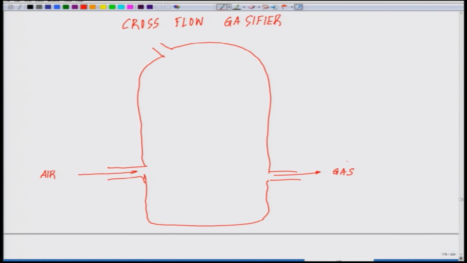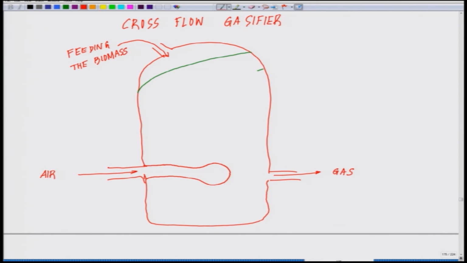And this is the feeder from where you are feeding the biomass to the system, and the first level is your drying region, where biomass is getting dried up.